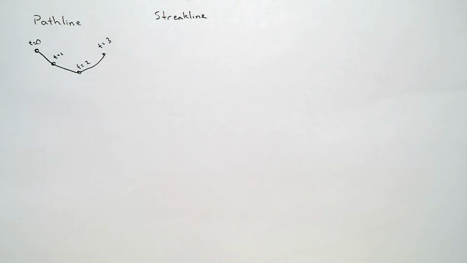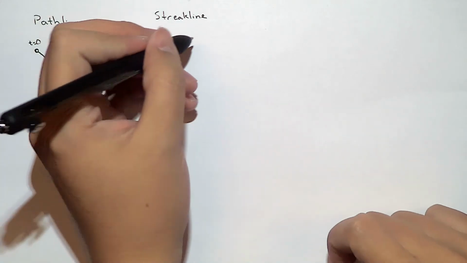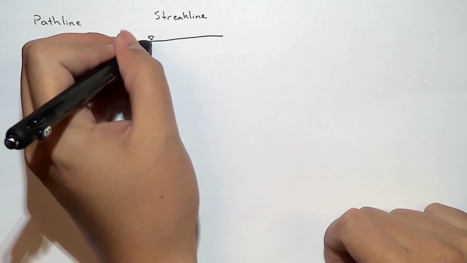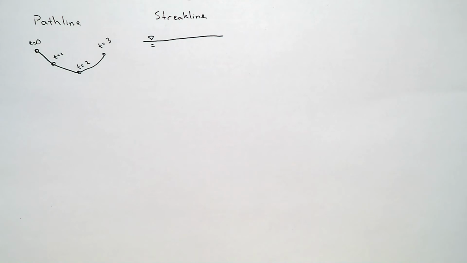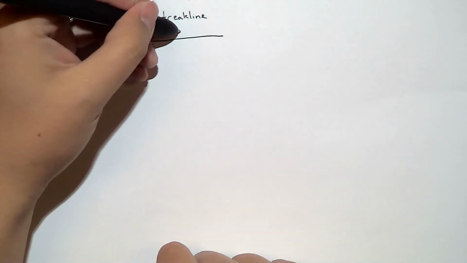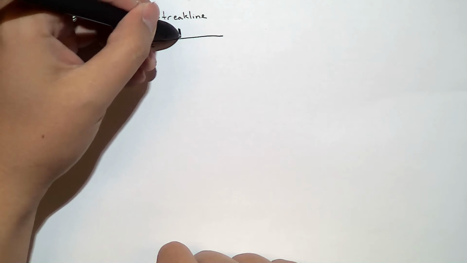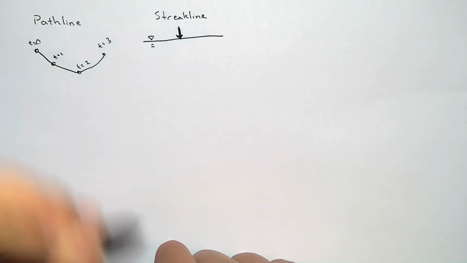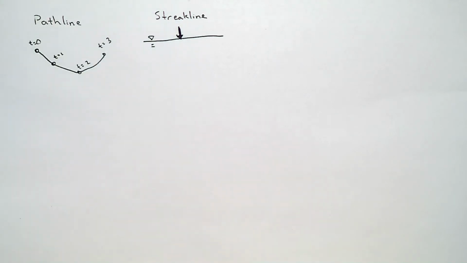For example, let's say we're looking at water. You have the surface there. And let's say that you were to start dropping or pouring some sort of coloring or dye into the water. If I ask you to draw the streak line, I need to tell you which point the streak line passes through.